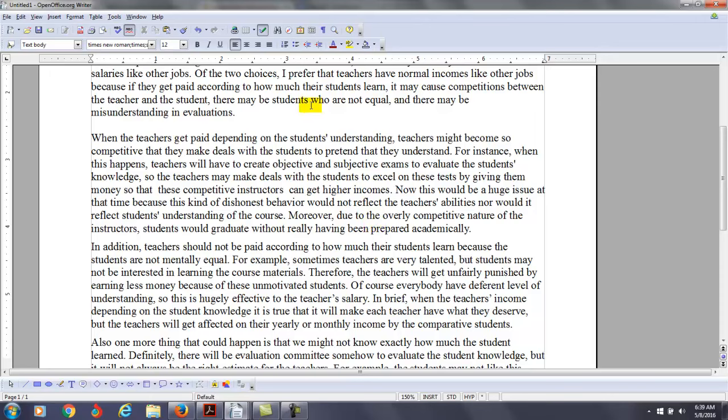I'm going to say some students, I'm going to change this. There may be students who underperform, and there may be misunderstandings.